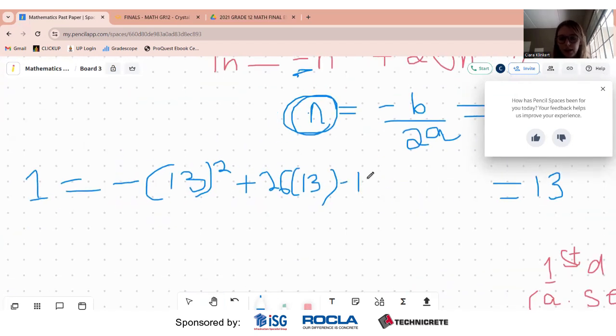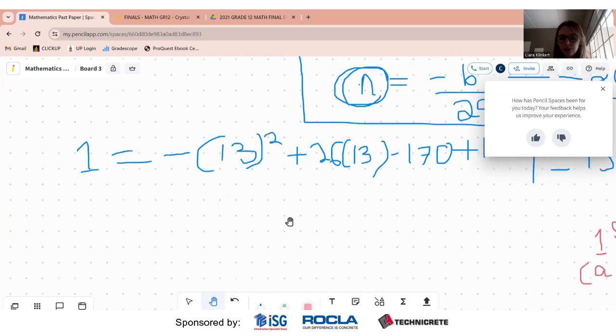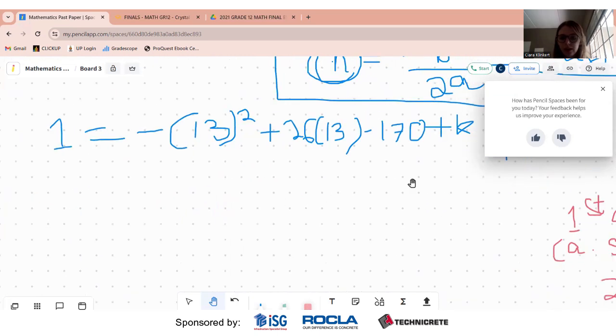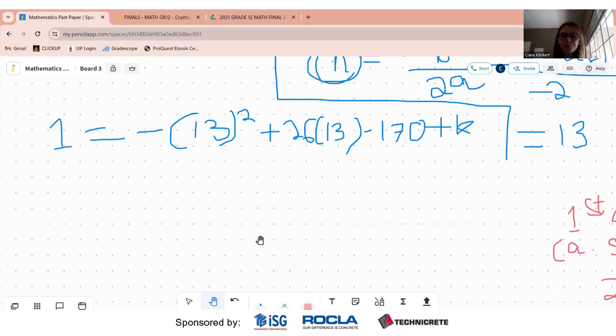So now I have an equation to solve for this k value. The value I must add to every term in the sequence so that I get a maximum value of 1. Okay, so now I'm going to simplify.